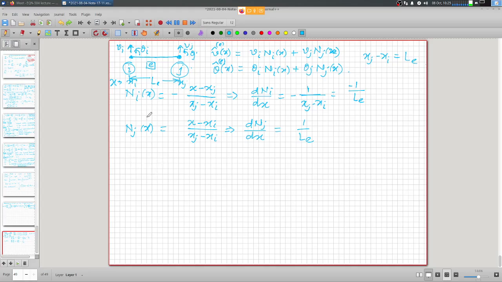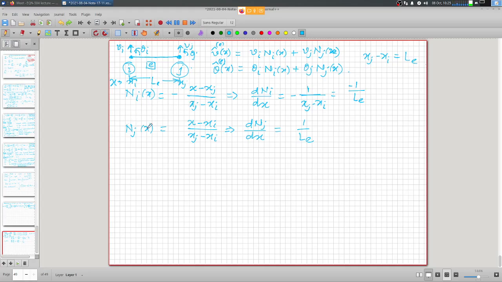And it's a linear variation, so the derivative is going to be constant, so you get the derivatives as minus 1 over Le and plus 1 over Le, so that their summation is of course going to vanish, because the shape functions Ni plus Nj have to satisfy the unit sum condition.